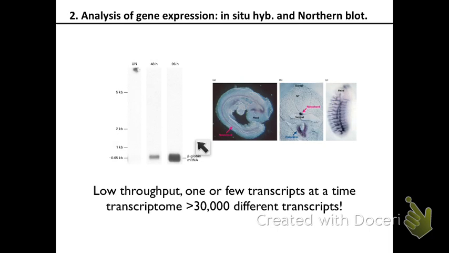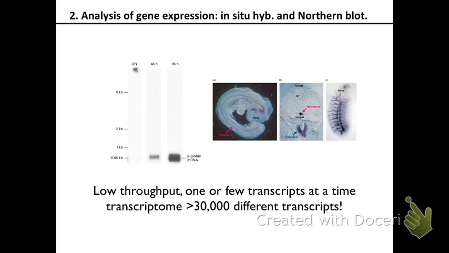That means you don't know where in your sample that gene was expressed. With the in situ, you have the spatial information, right? That means where is it expressed? It's expressed in the head and the tail. That looks like the notochord, etc. Does that make sense? Both of these techniques are low throughput. That means you can look at a few genes at a time.